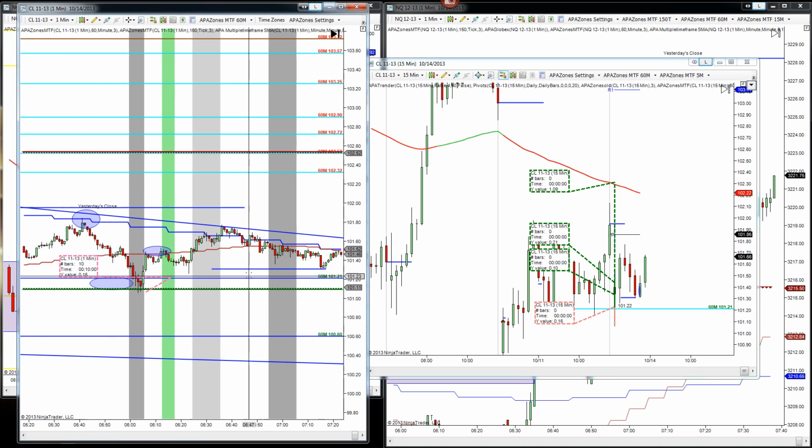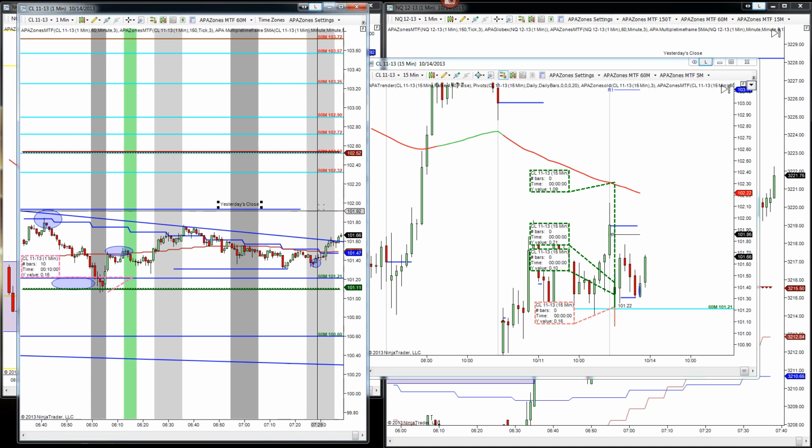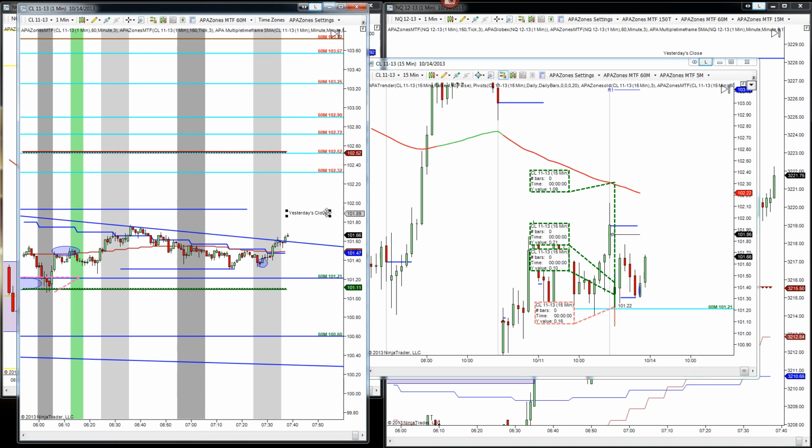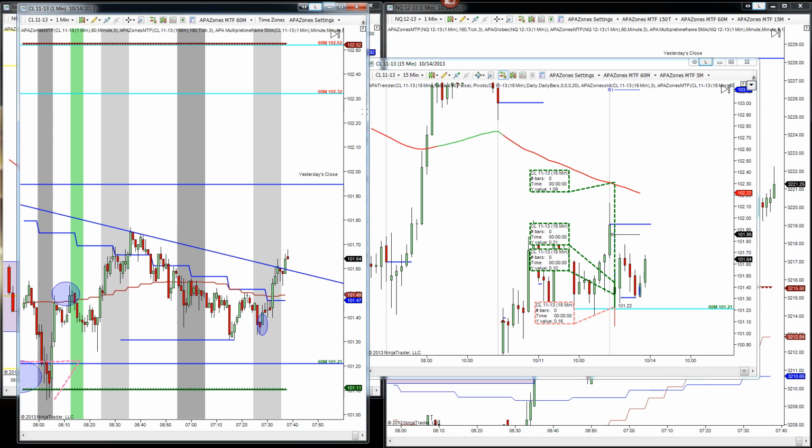Yesterday's close is right here, so we'll see if we can get up to yesterday's close. But that's kind of what I'm looking for and what I'm doing with it.